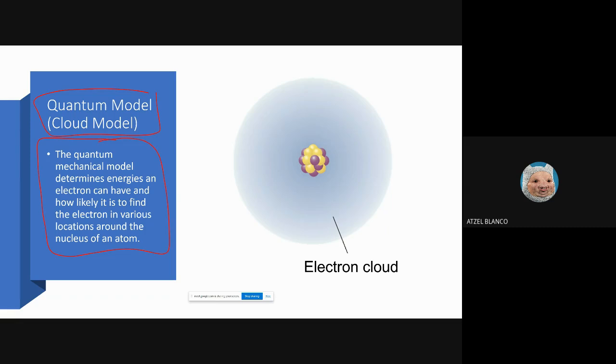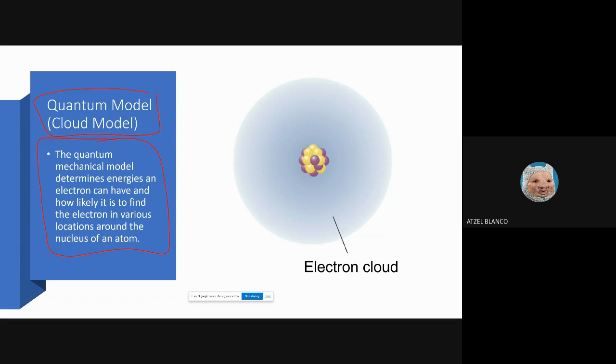So it's an improvement on the Bohr model, in that the electrons can be found in different areas of the atom, and we can figure that out based on probabilities. Based on probabilities, there is a greater likelihood that there are electrons close to the nucleus than farther away.